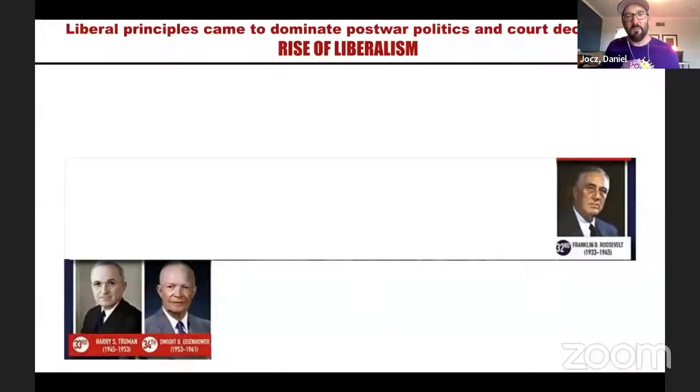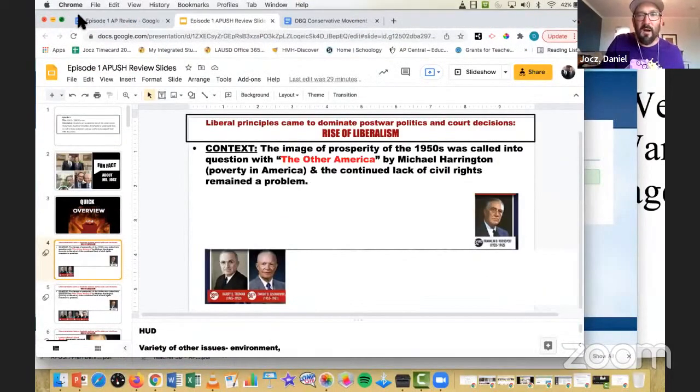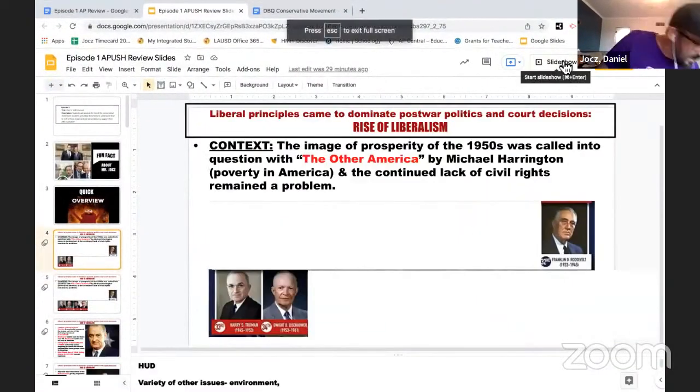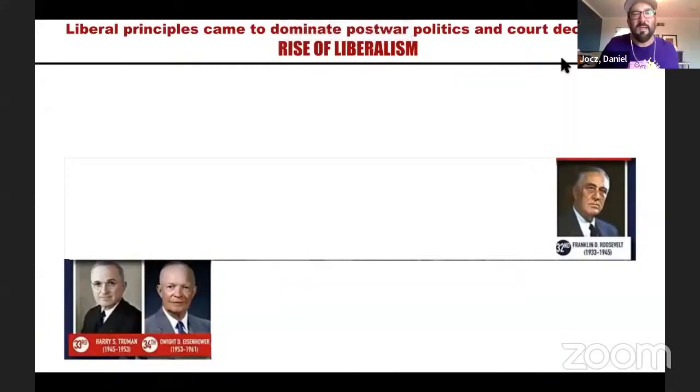This one's all about the rise of the conservative movement. The thing you need to understand first and foremost is the context. Contextualization is a very important part of this particular exam. The context is that there was a rise of liberalism.